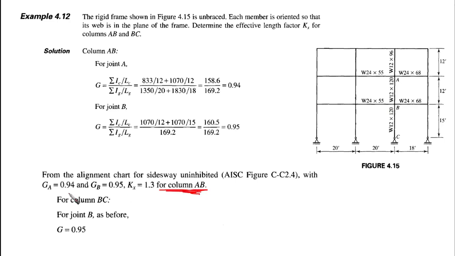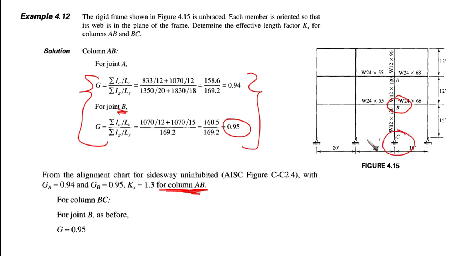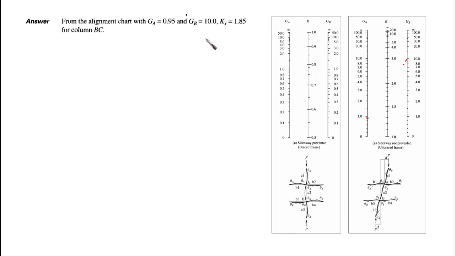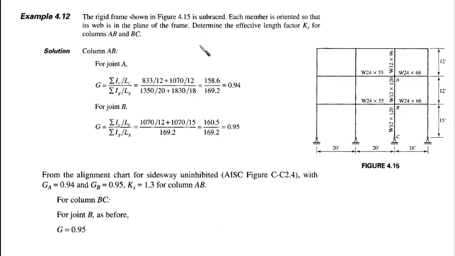We are going to repeat the same, obtaining the same G for points B and C. Point B we have already obtained before, so we know it's 0.95, and point C is hinged. This means that for point C we're going to have G equal to 10.